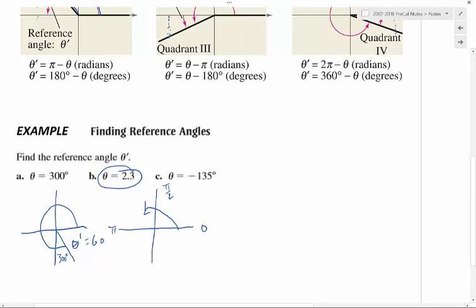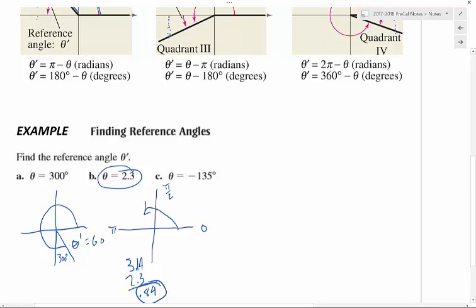So in terms of radians, all the way over 180 degrees is 3.14, or 1 pi. Well, this is going to be larger than that, so now I'm going to take 3.14 and subtract 2.3 from it to get 0.84, and that's my reference angle.